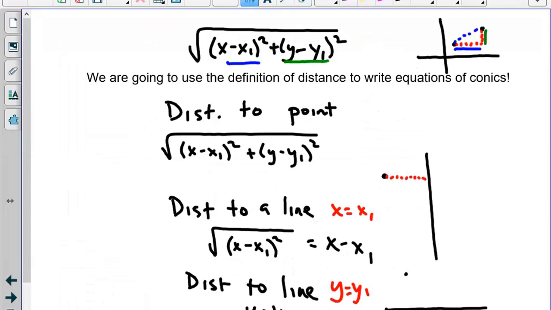Then we want to find the distance from a point to that line. What we're doing is finding the vertical distance, which always has no change in the x value, because we're never moving side to side, we're only moving up and down. So that's why that would be the case.